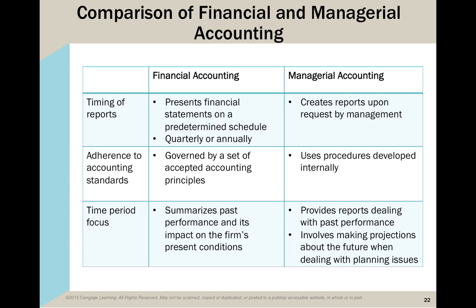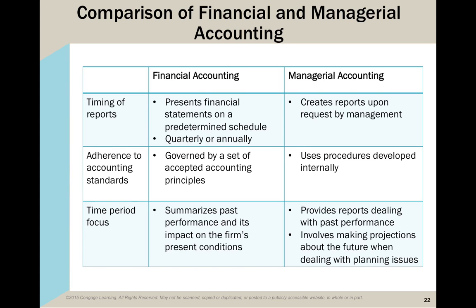And finally, as far as the timing, financial accounting reports are presented quarterly and or annually. There is a set of generally accepted accounting principles, and they really focus on past performance and the impact on the firm's present conditions.